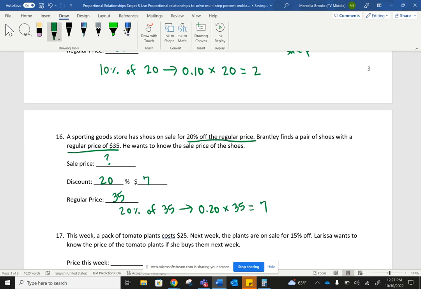And the last piece is we take our regular price, which is 35, and we subtract our discount, which is $7. So regular price, 35 minus 7 is 28. So that's how much the shoes are going to cost. $28.